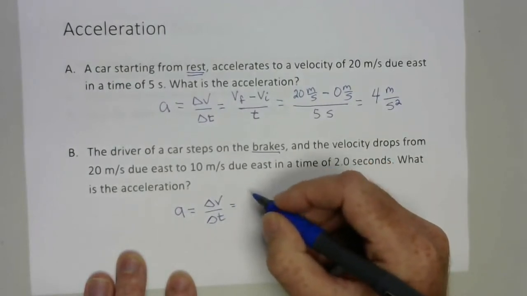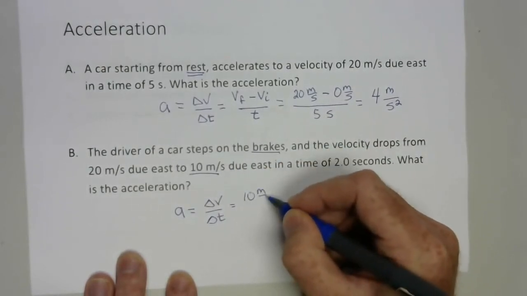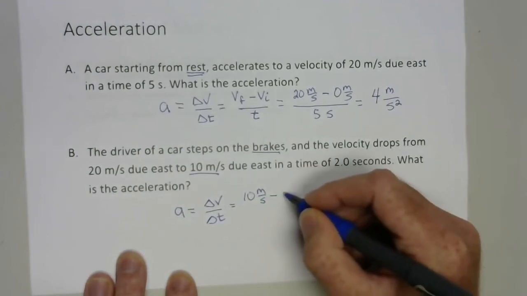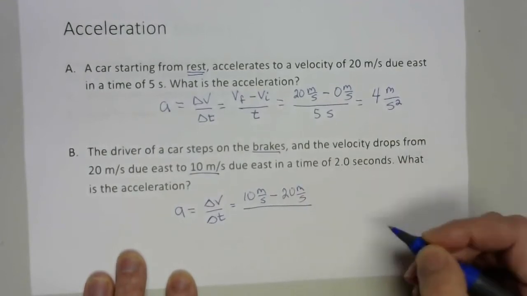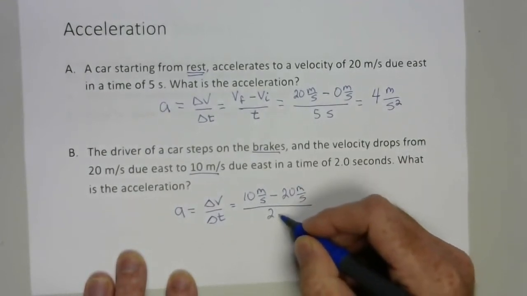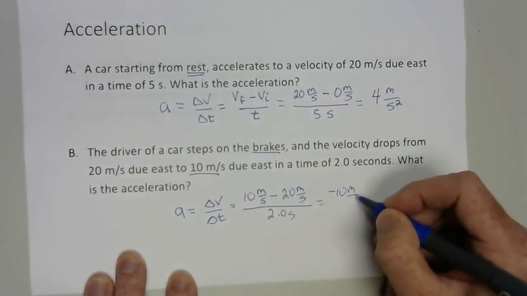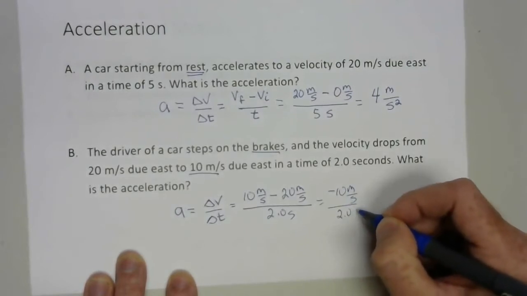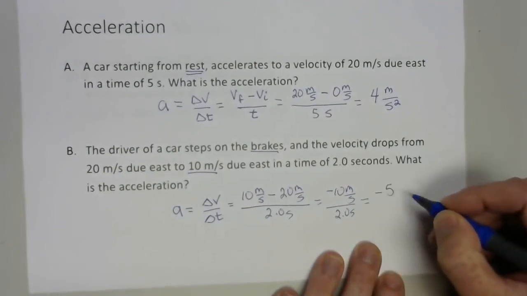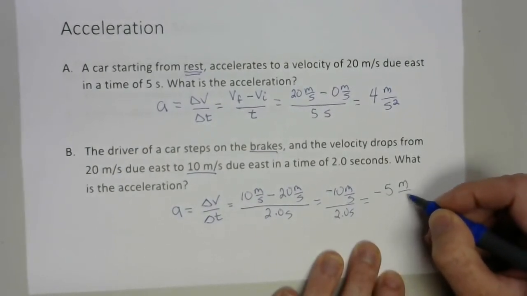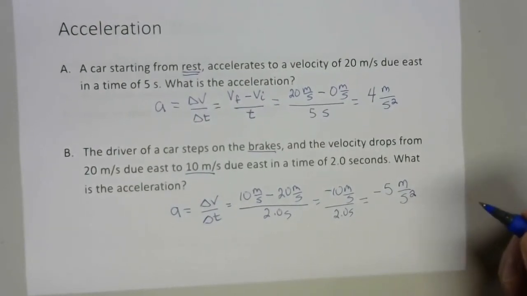Now the final velocity is 10 meters per second, so it's 10 meters per second minus the initial 20 meters per second, divided by 2 seconds. So it'll be a negative 10 meters per second divided by 2 seconds, or a negative 5 meters per second squared. Notice the acceleration is negative because it is slowing down.